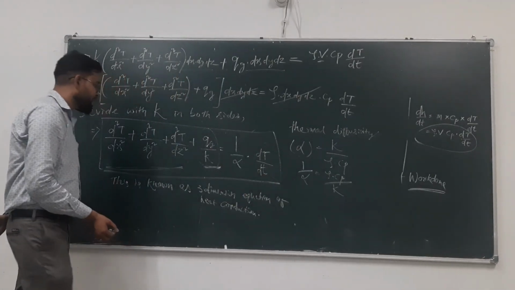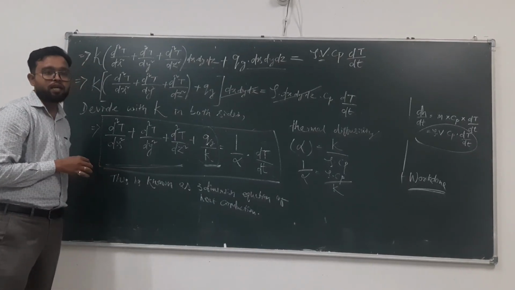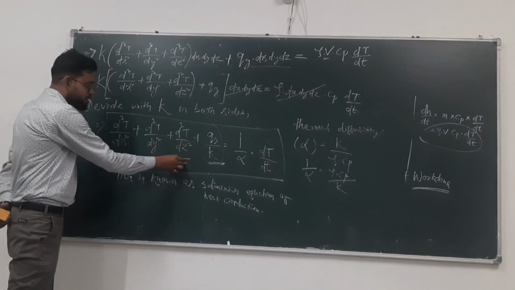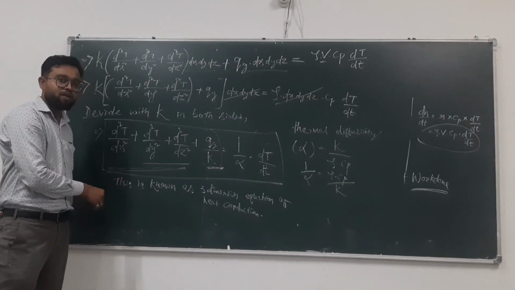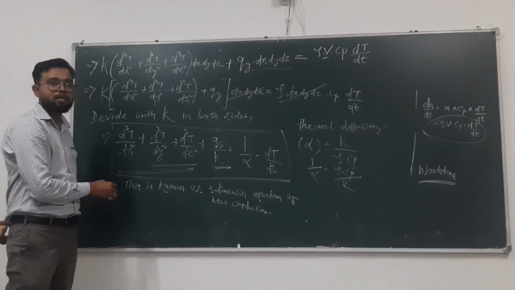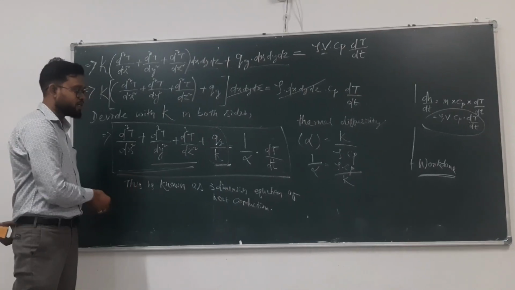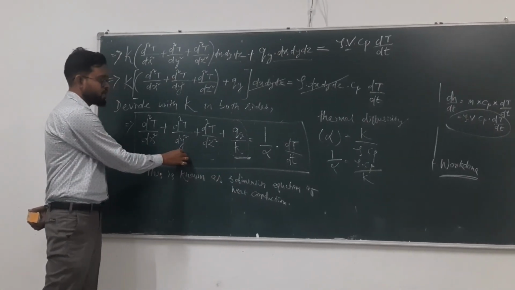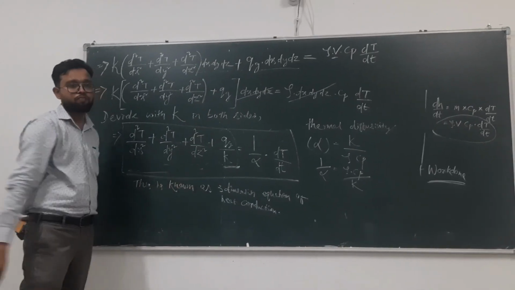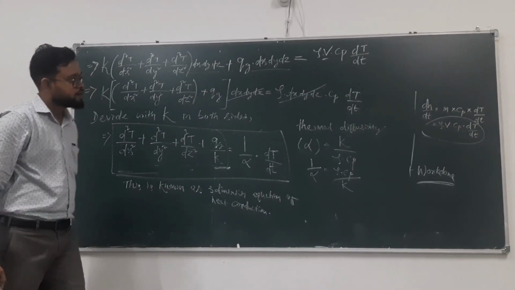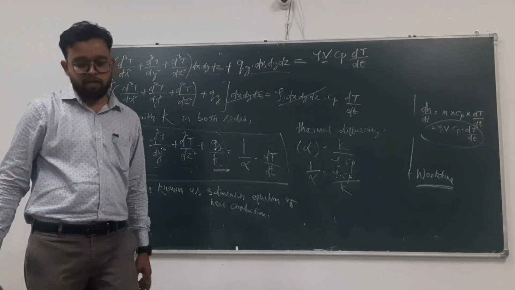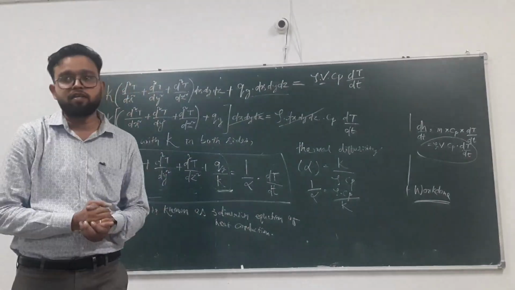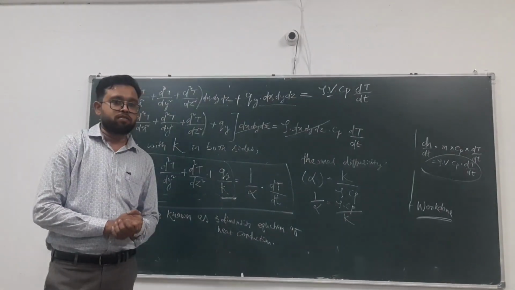Or sometimes it will ask to show the equation in one dimension, so we have to neglect these terms. Sometimes it will ask to show the equation in two axes or 2D equation, so at that time we have to show it in x and y. We have to neglect the z term. Okay. So this is the derivation of the three-dimensional equation. Okay, thank you.